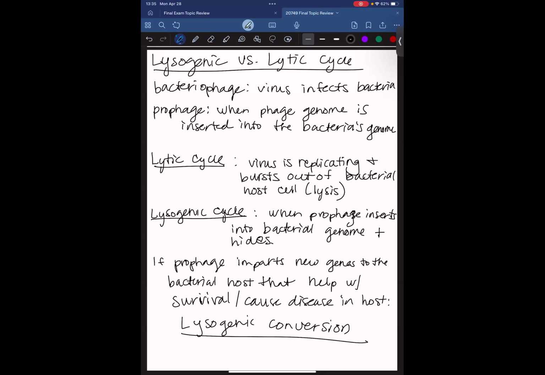When the bacteria gets new, helpful, beneficial traits that we would call virulence factors.